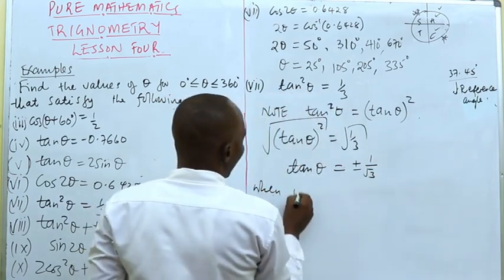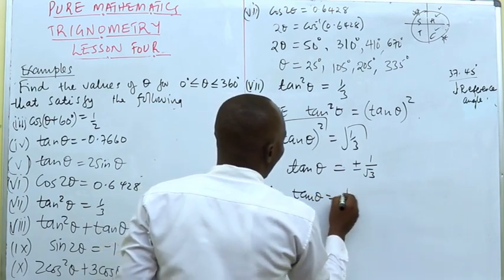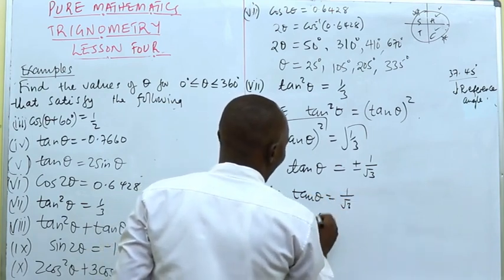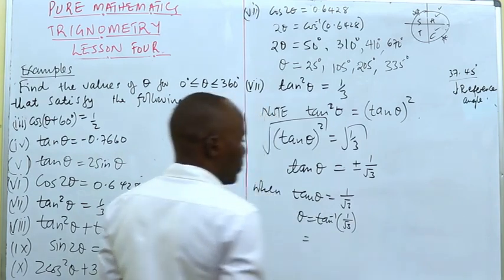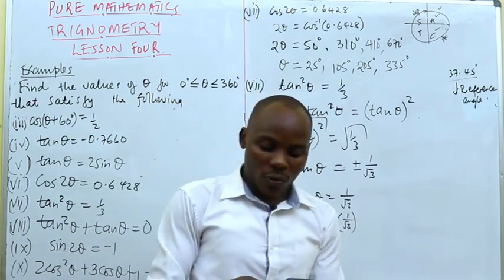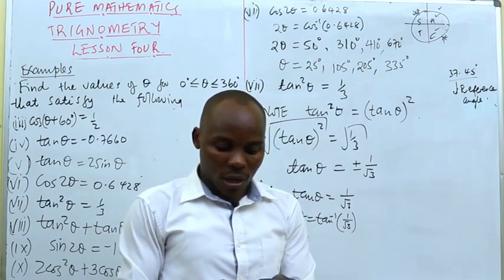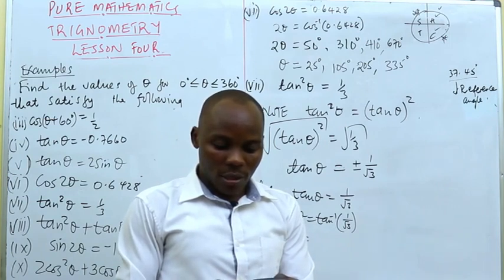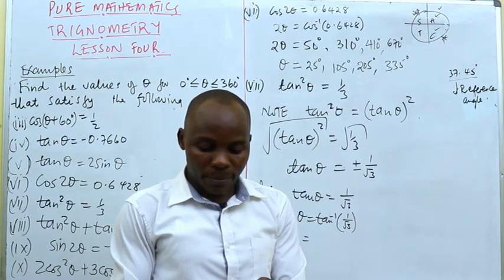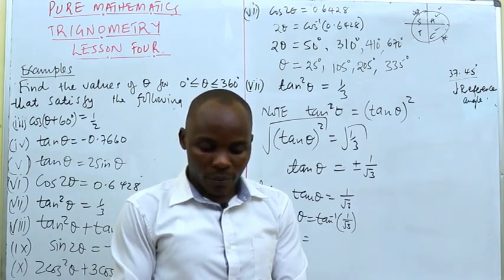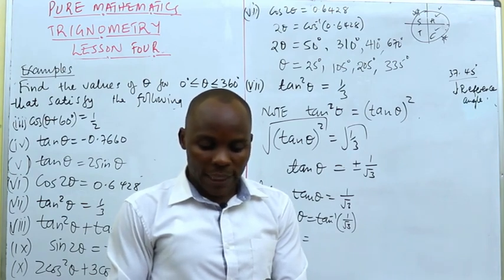So when tan theta is equal to 1 over root 3, theta is going to be the tan arc of 1 over root 3. We have 1 divided by root 3.